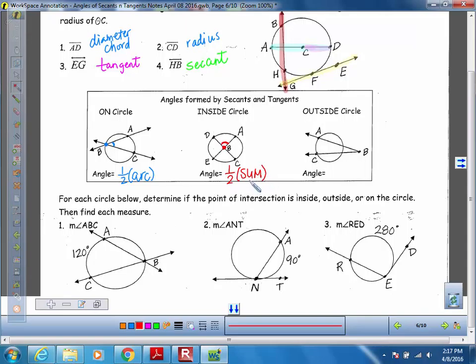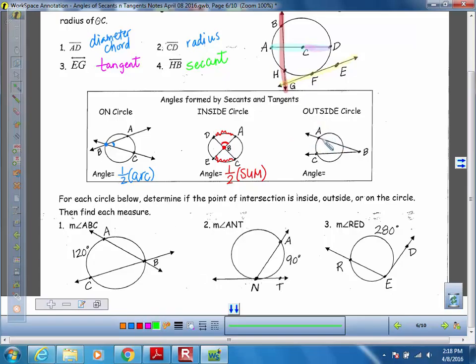Okay, sum means what? Add. So we're looking at the two arcs that are across from the angle. So this arc and this arc would be the two we would add together. So we'd add AD and EC, take 1/2 of that, and that would be the angle.